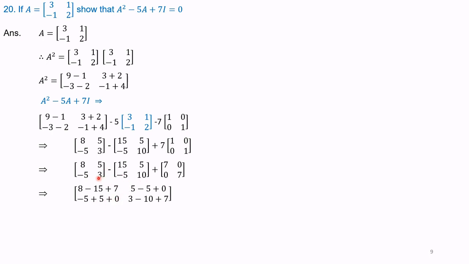And the last item is 3 minus 10 plus 7. Simplifying, 8 plus 7 is 15, 15 minus 15 is 0, 5 minus 5 is 0. This is also 0 and this also is 0. Hence the net result is 0. We have proved it.